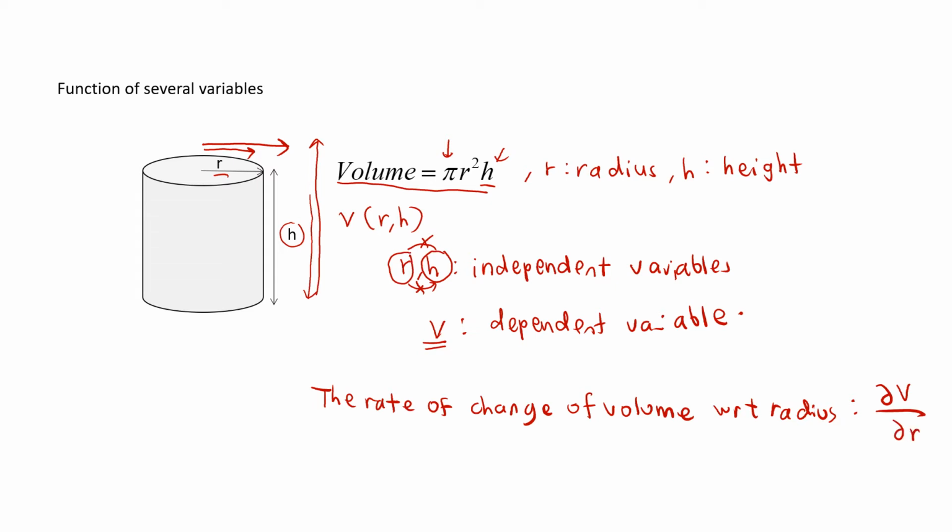And if we want to know the rate of change of volume with respect to height, the partial derivative of this will be del V over del h, where r here will be constant.